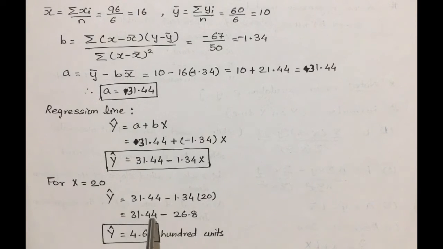So 31.44 minus 26.8, the y estimate is 4.64 units. So this is how question number 1 is answered, and the examples will be calculated using the method of least squares.